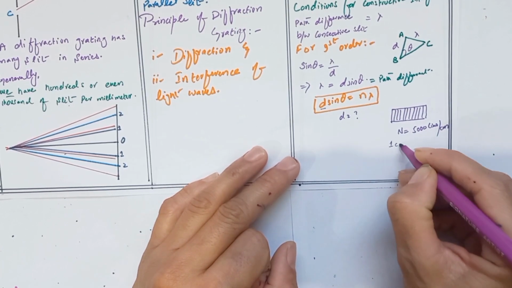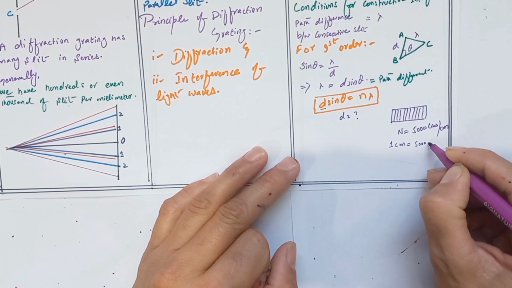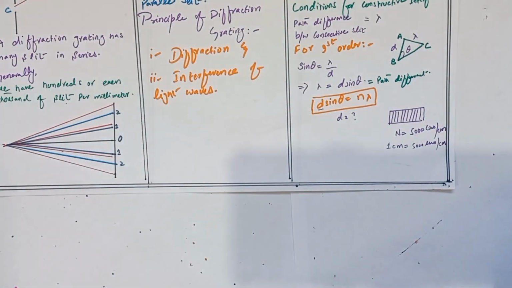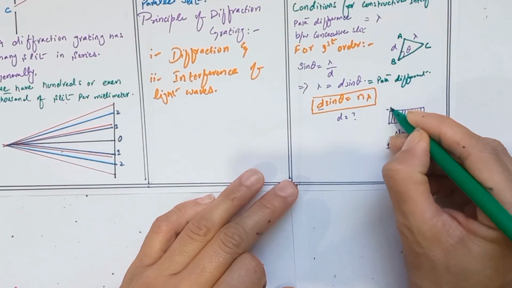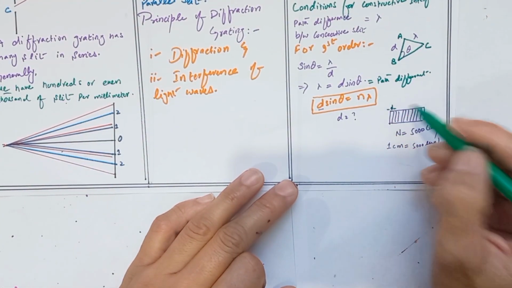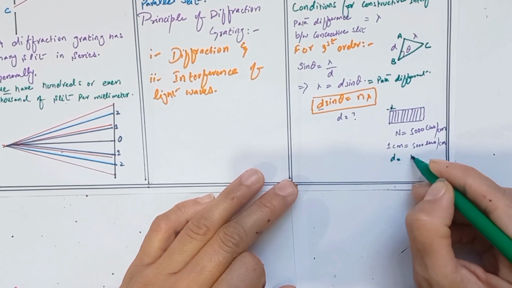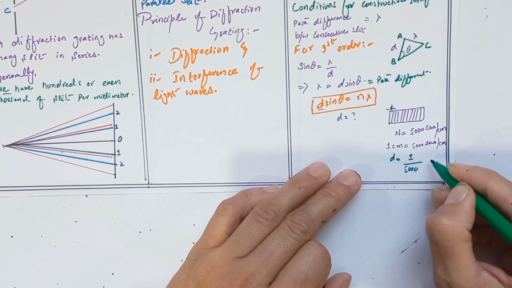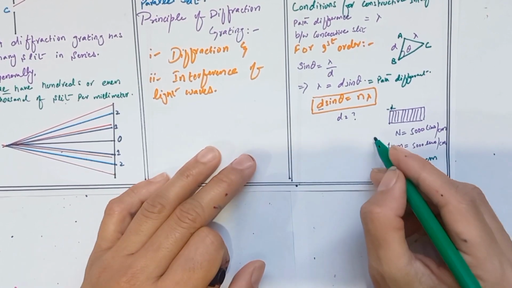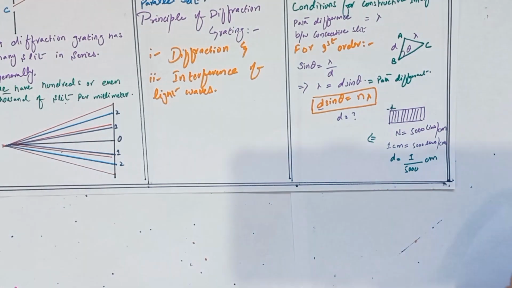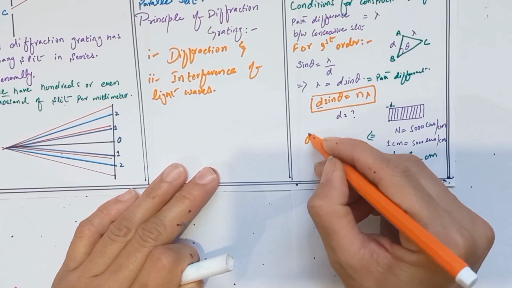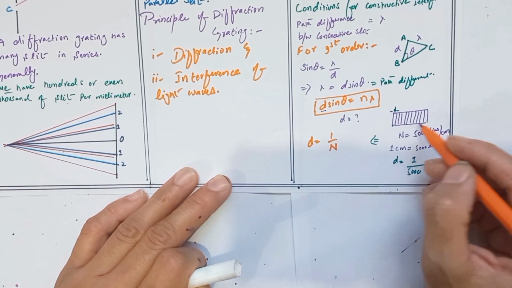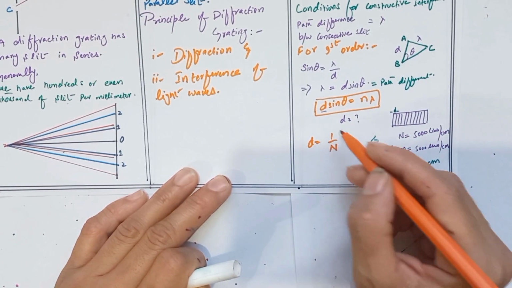Then we can find the distance between the two slits, D. D is equal to 1 line over 5000 lines per centimeter. In general, we can write that D is equal to 1/N. So if we know the number of lines in the grating, we can find D with this formula.